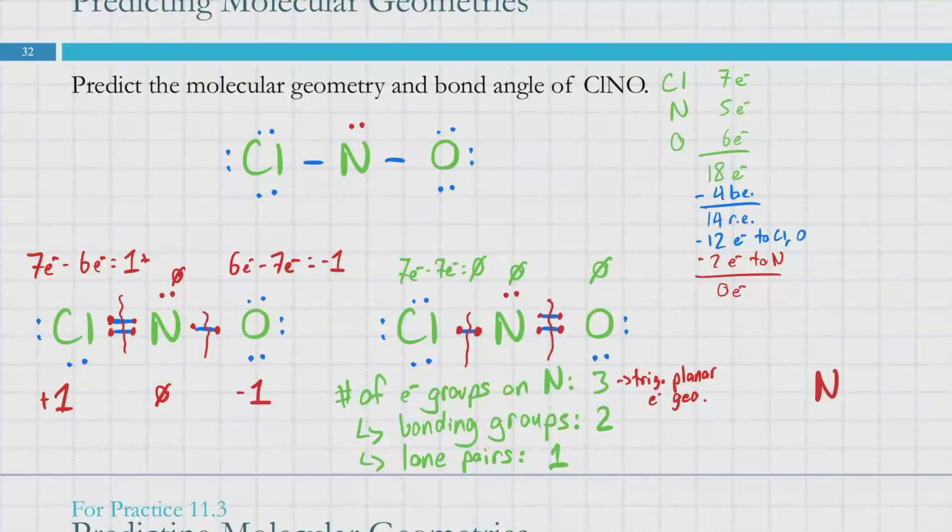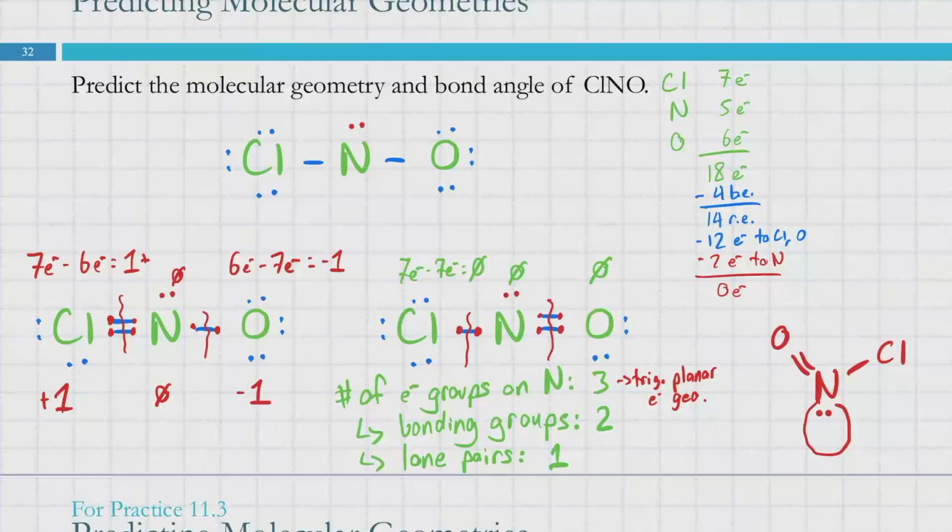So our nitrogen in the middle would look something like this for its shape. It's going to be this trigonal planar. Let's add a little balloon for our lone pair. If we imagine that this lone pair goes away, then what is left? What would that shape be called?